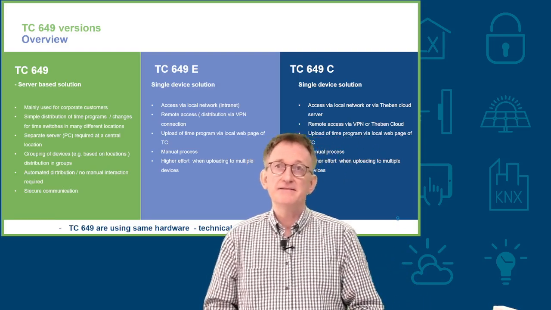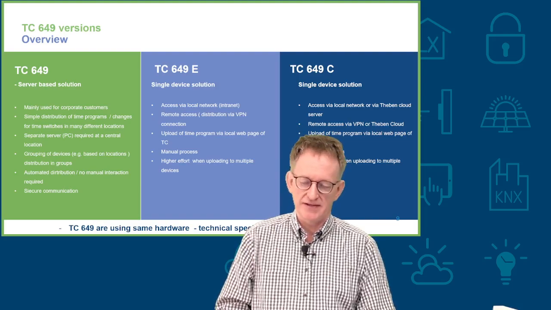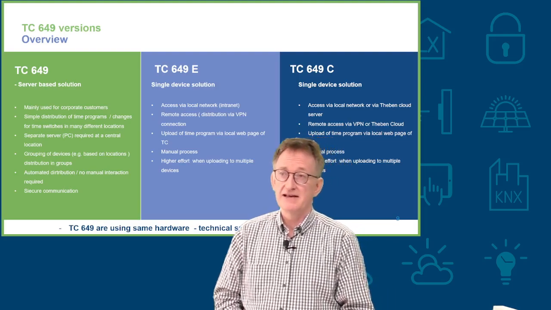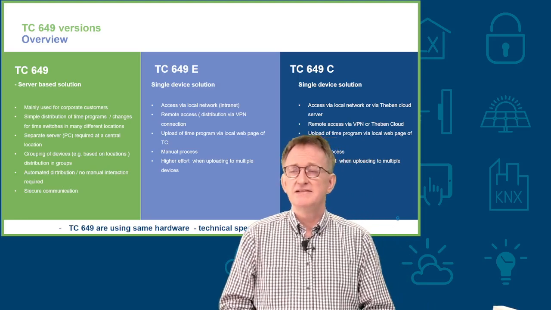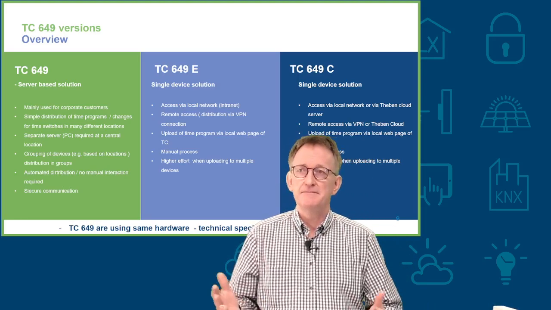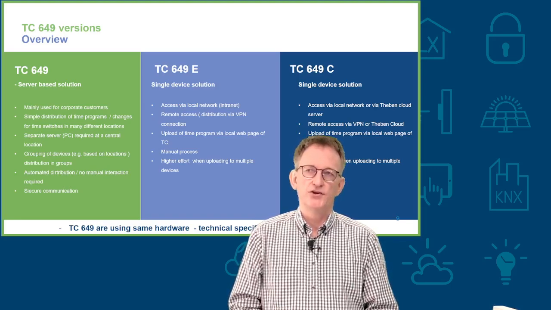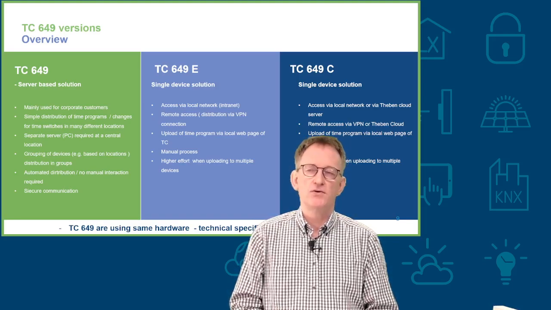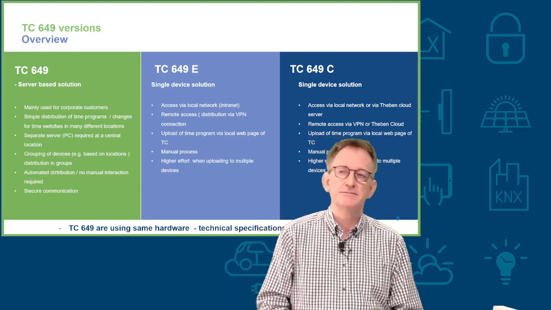On that slide, I have a nice overview of the different versions of the TC649. In 2018, I think that's where we started with the TC649. We announced a server-based version, especially for grocery stores, for big customers, for corporate customers.